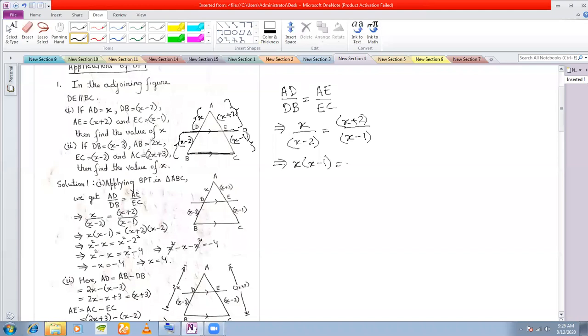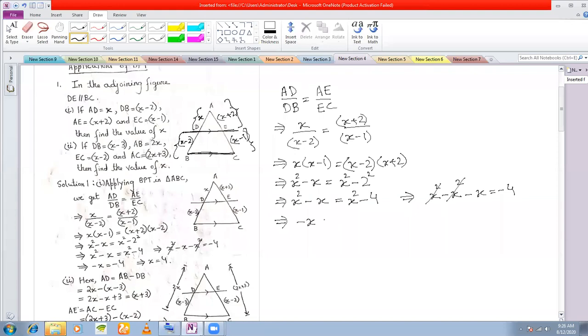Cross multiply. It is of the form A plus B into A minus B. So plus X square and minus X square will cancel.